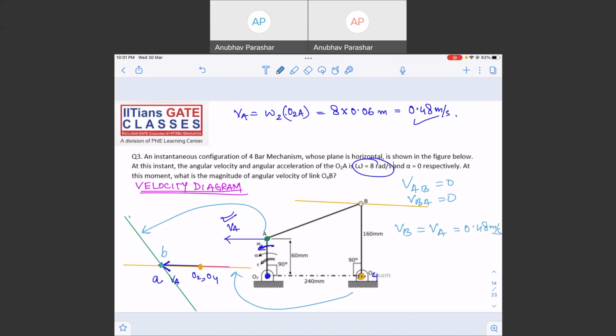This is also something we can comment on, because this line is velocity of point B and this line is also velocity of point A. O2A is VA and O4B is VB, and both of them are similar. So I can say VB is equal to VA is equal to 0.48.